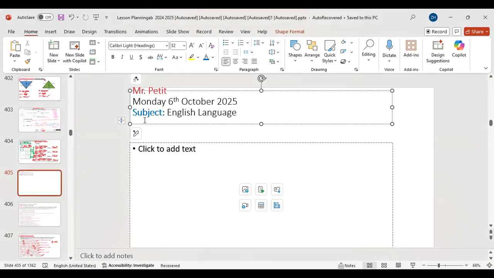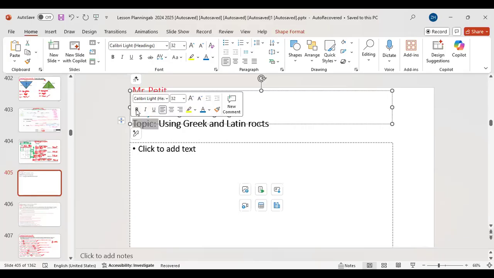All right, so today the topic is using Greek and Latin roots.